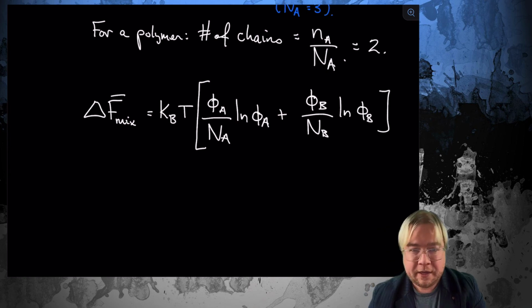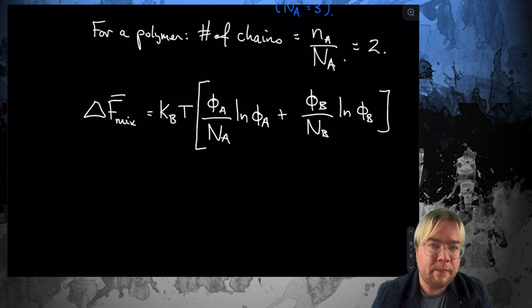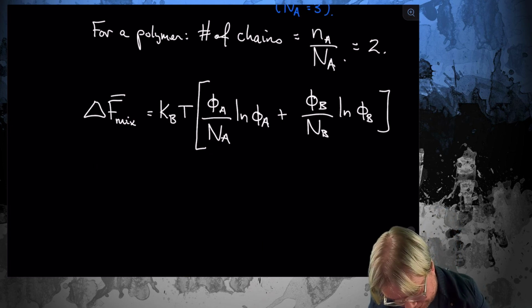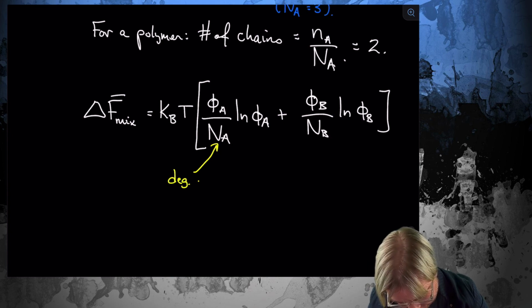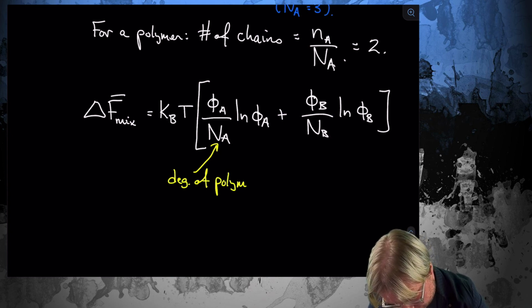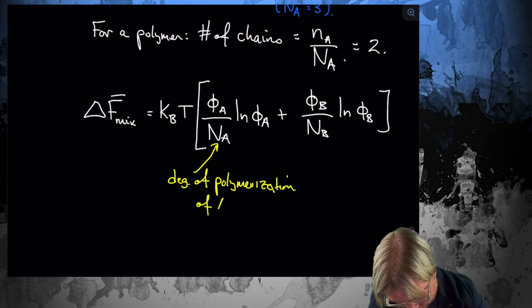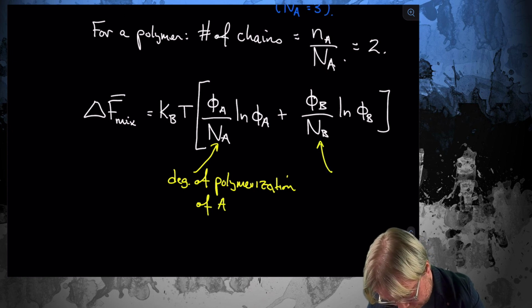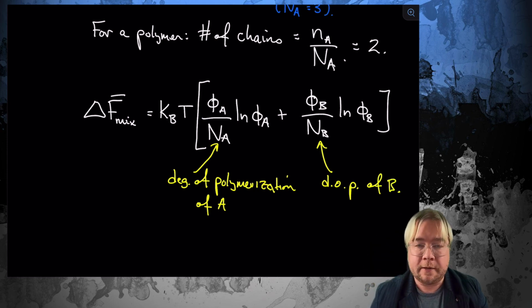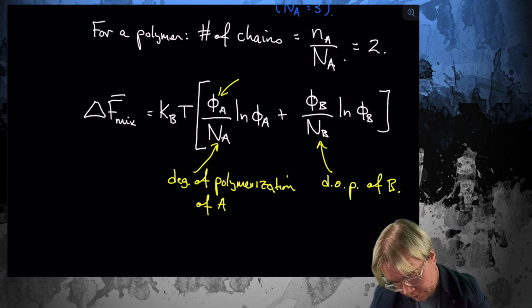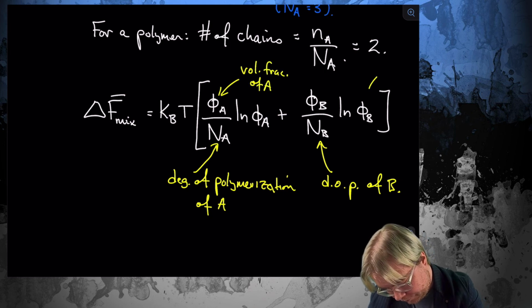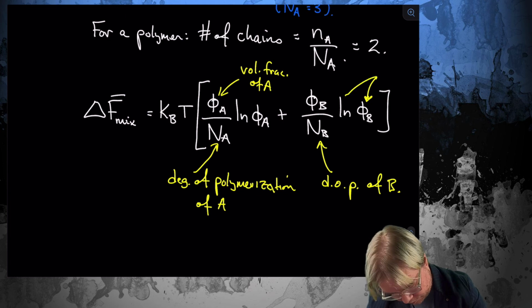log of phi B. And because I've been putting Na and Nb all over the place, let me be really specific about what these terms are in this equation. In this equation, this is the degree of polymerization of A. This is the degree of polymerization of B. This is the volume fraction of A. Oops.